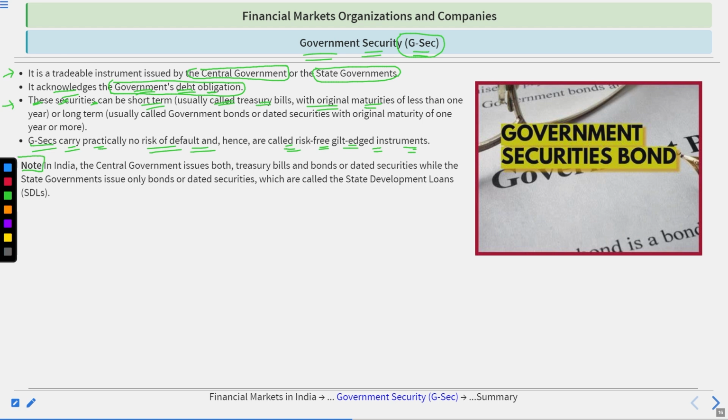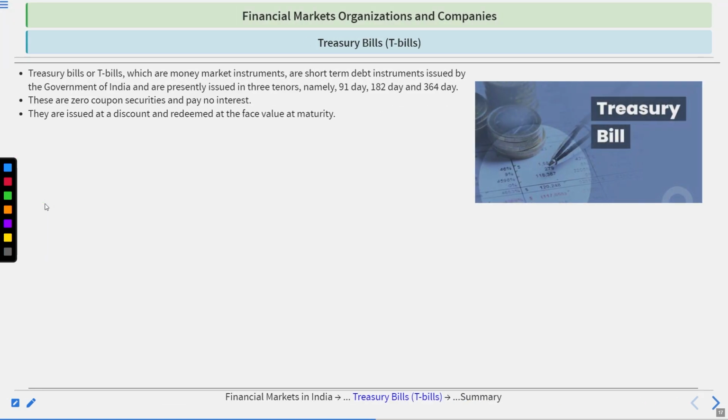Note: in India, the central government issues both treasury bills and bonds or dated securities, while the state governments can only issue bonds or dated securities, which are also called state development loans, because the state government raises these funds to run different development projects.